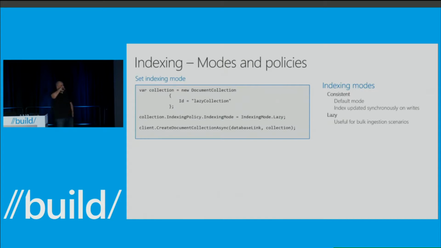So talking about our indexing, by default, we index every property, every attribute in the document, okay? We think for the majority of users, the default's probably good, but we allow you to tweak that and make changes to that.